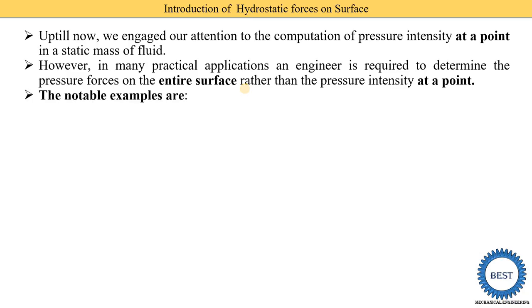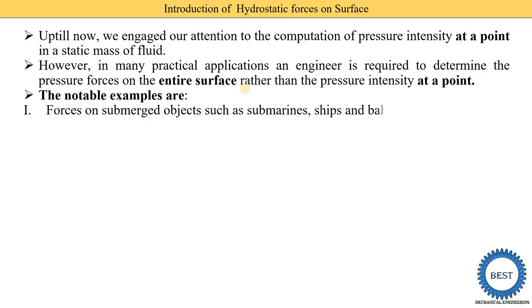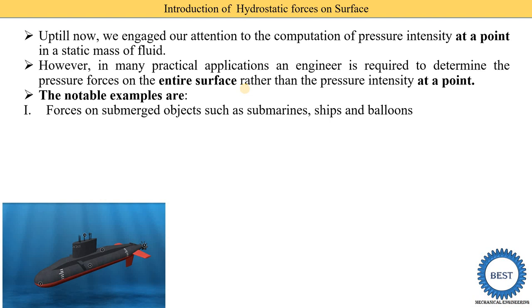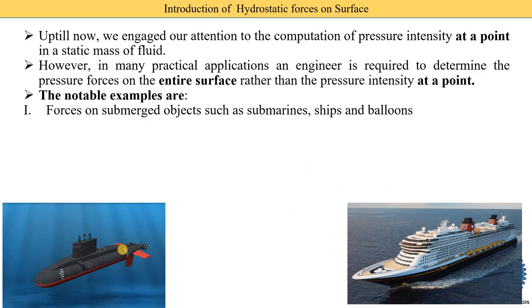The notable examples of hydrostatic force on a surface: first is force on a submerged object such as submarines, ships and balloons. Here you see the submarine runs inside the water, which is called submerged. So hydrostatic study is applied to submarines, ships and balloons, and these are submerged objects, meaning they are under the water.